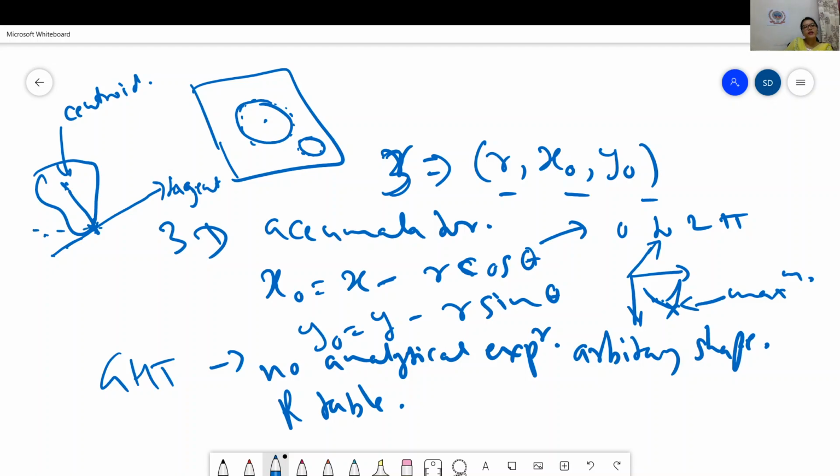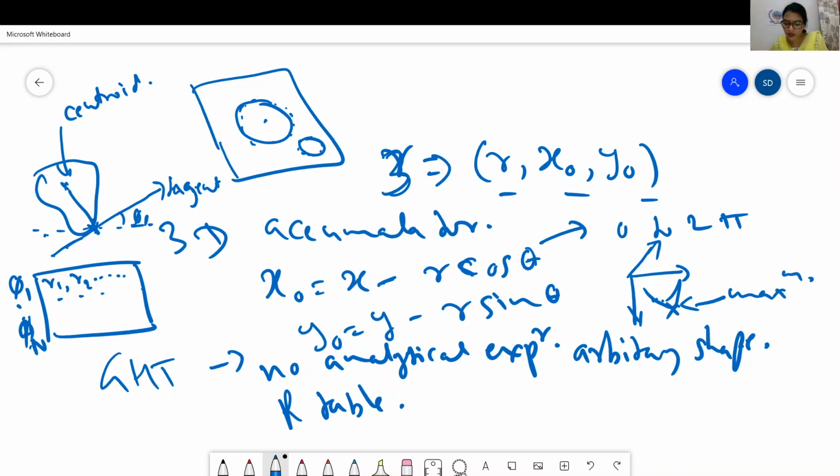With respect to the x-axis it is making some angle phi 1. So it generates an accumulator of the form phi 1 to, let us say, phi n, all these angles, and each entry will consist of the distances. Wherever the maximum lies, that gives the vote.